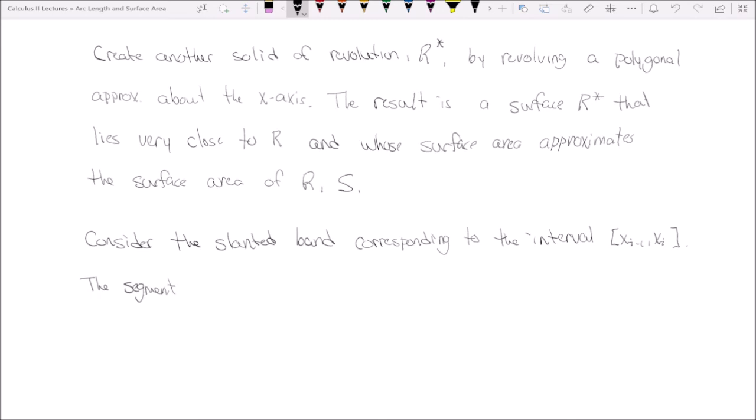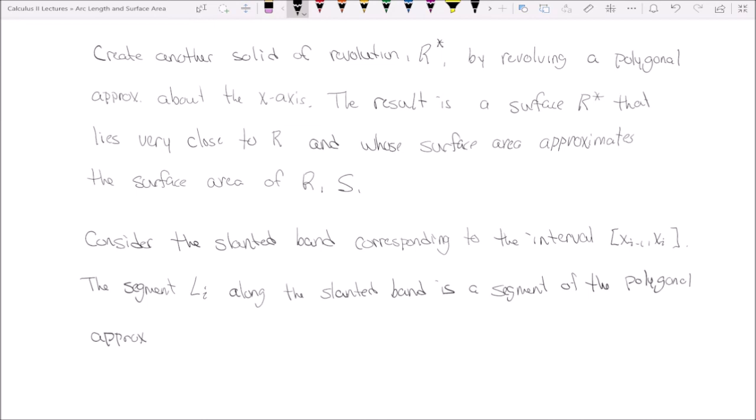The segment L sub i along the total slanted band is a segment of the polygonal approximation.